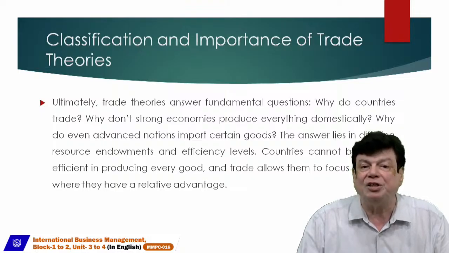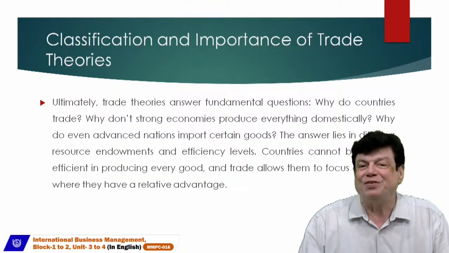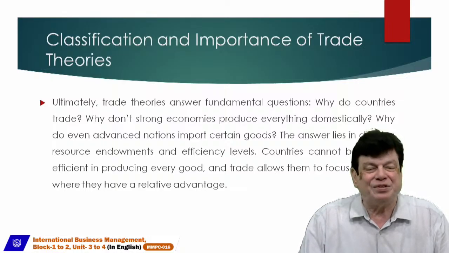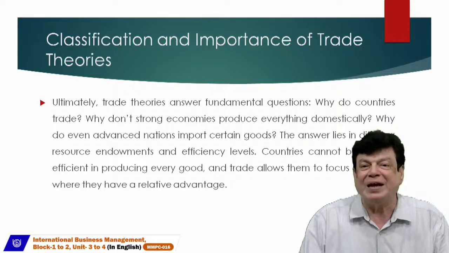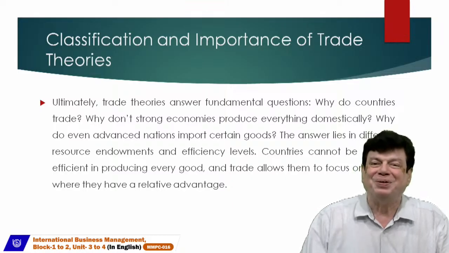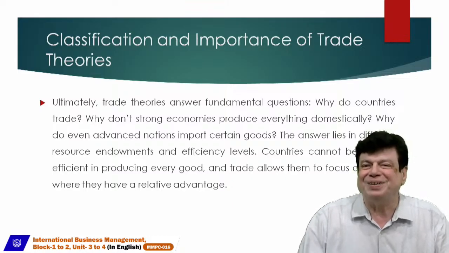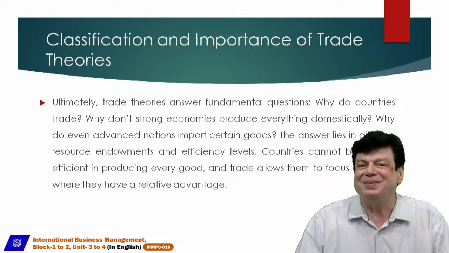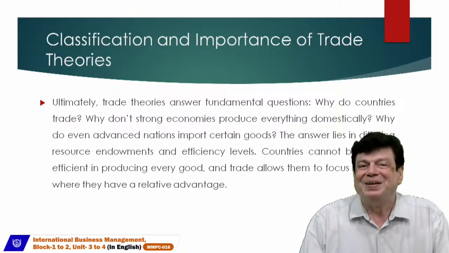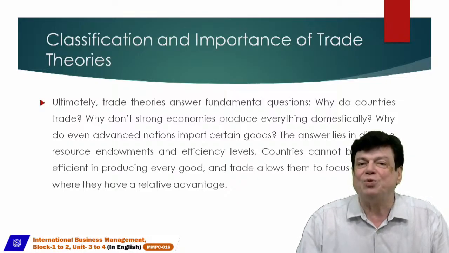Why do countries trade? Naturally, suppose we are in India and we are manufacturing some particular item in excess, more than consumption. We will export it to the countries where it is not available. Why don't strong economies produce everything domestically?